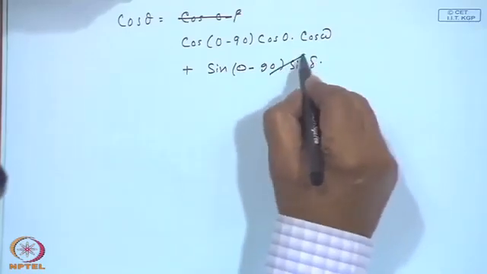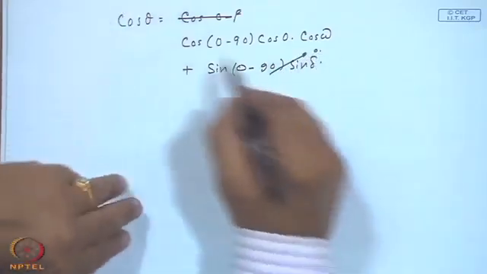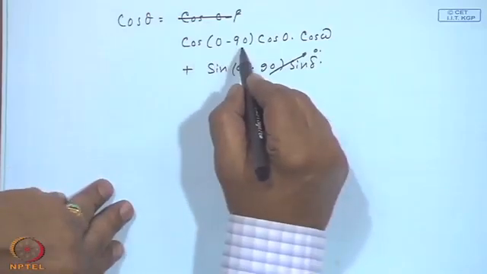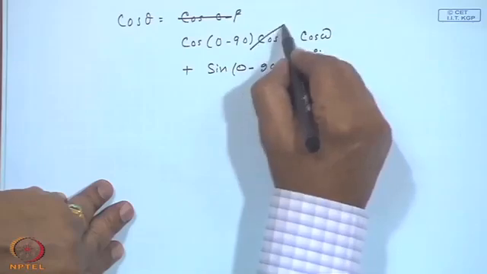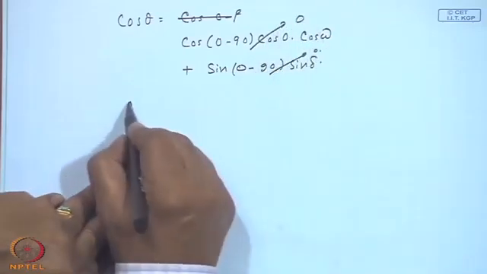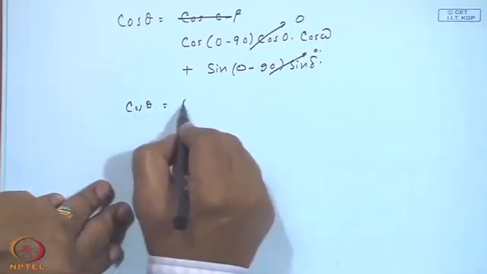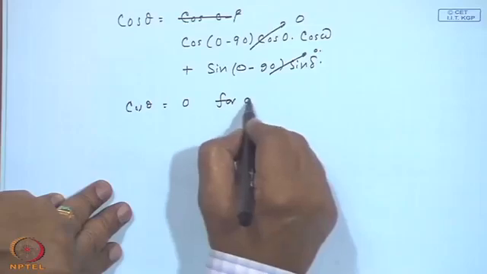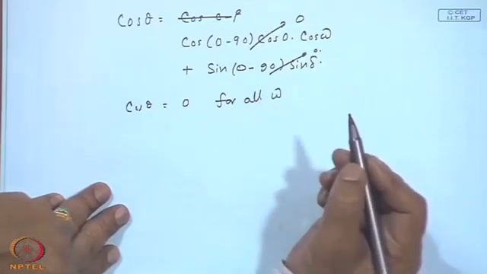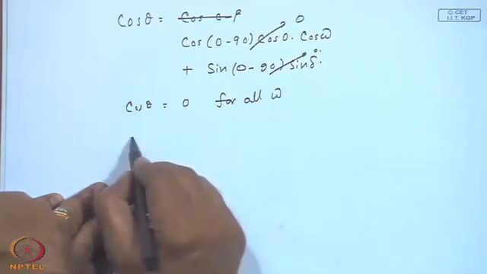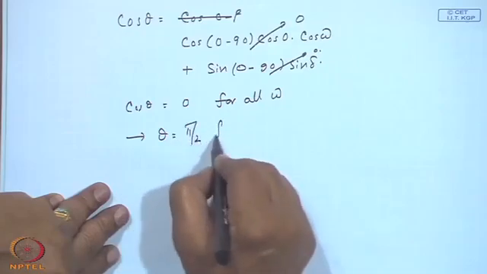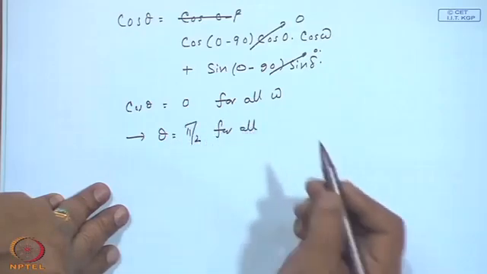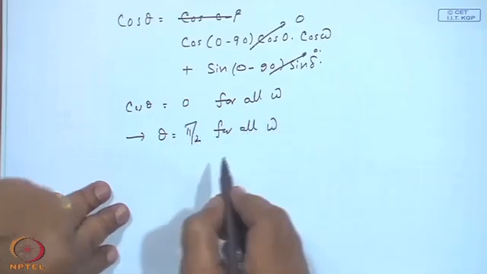So, this is 0 because delta is 0 and cos 90 is 0, right. So, cos theta equal to 0 for all omega. This leads to theta equal to pi by 2 for all omega. Okay.